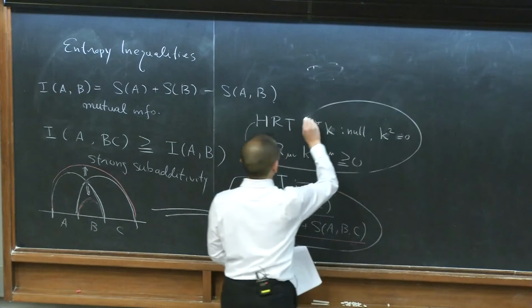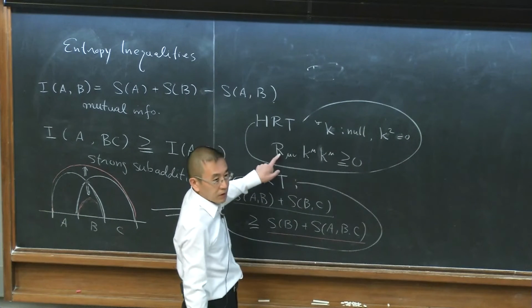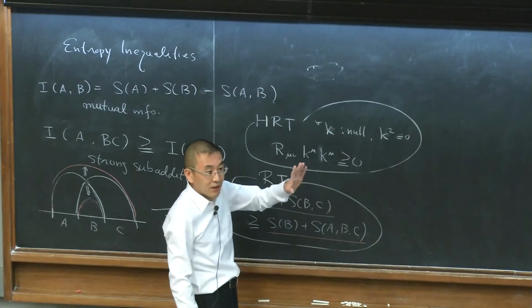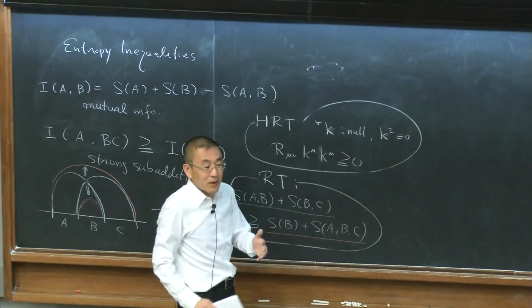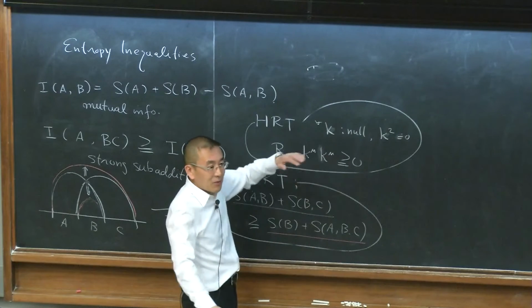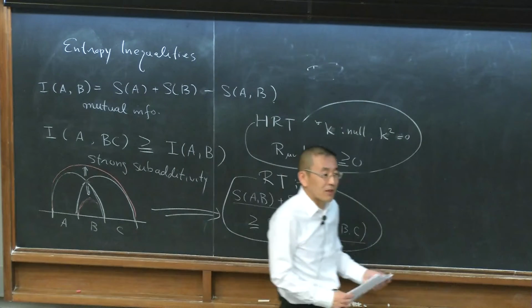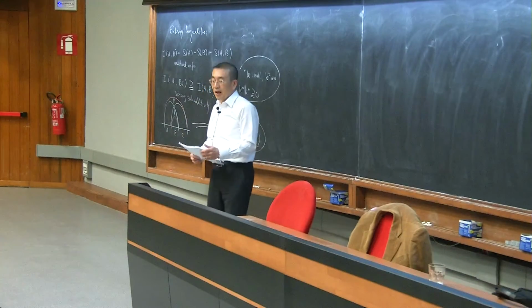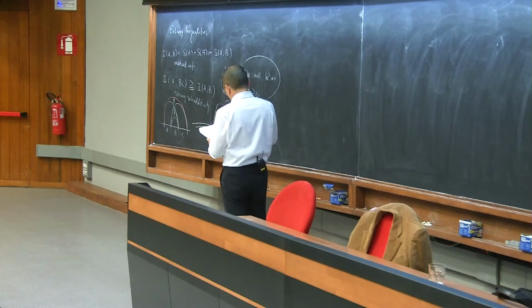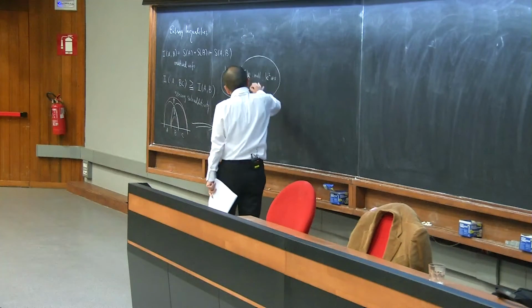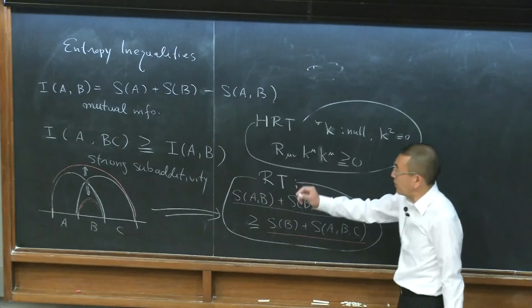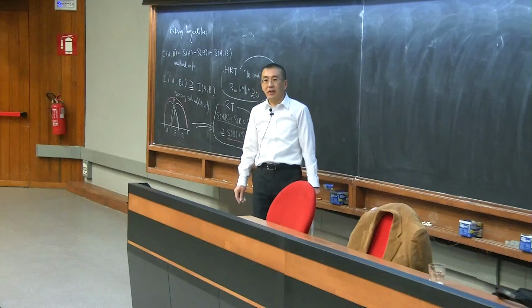So if you think that the geometry satisfies the Einstein equation with cosmological constant with matter energy-momentum tensor, then the matter energy-momentum tensor should satisfy the null positivity condition. Null energy condition, excuse me. So if that is satisfied, then you can actually derive the strong subadditivity condition.